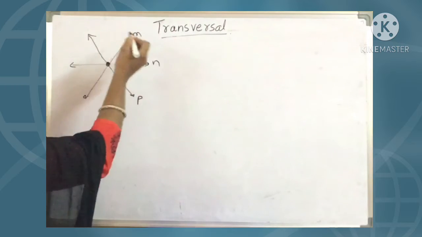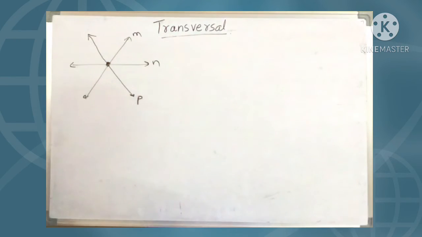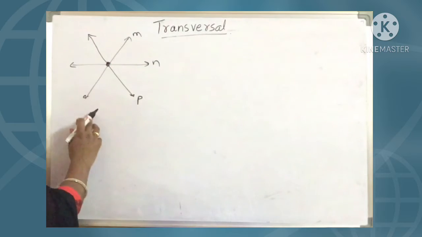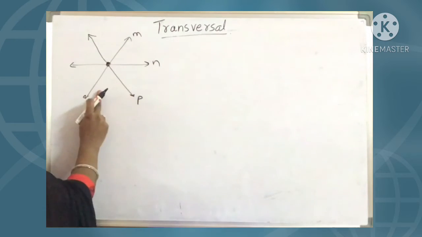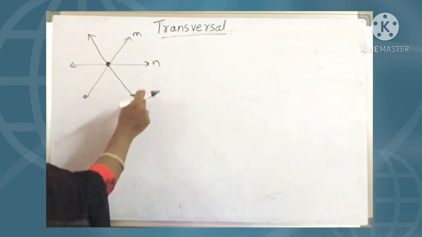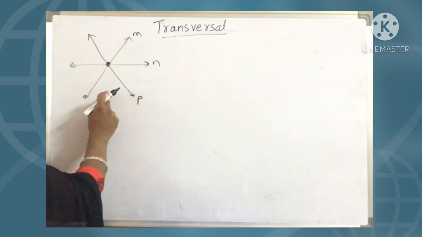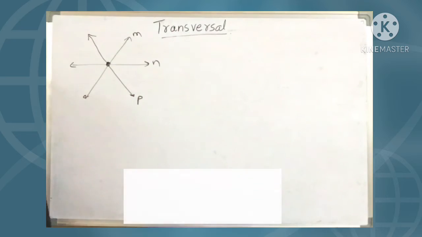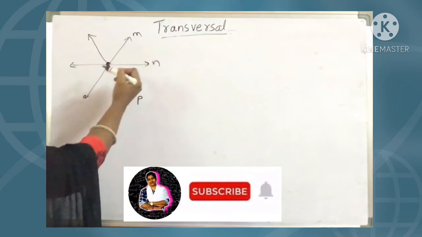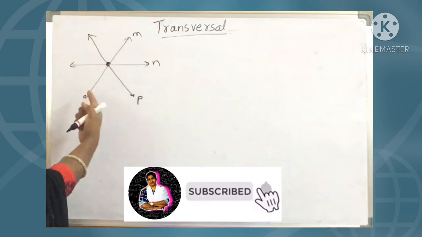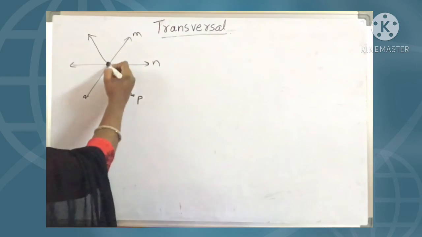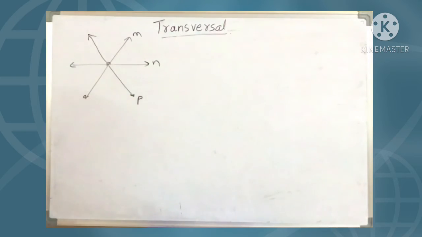But when more than two lines meet at a point, we call them concurrent lines. Now, is M a transversal? Is N a transversal or is P a transversal? What do you say? Here nothing is a transversal, because M is not a transversal to the given lines, because it does not intersect the lines at different points. It is intersecting at the same point.